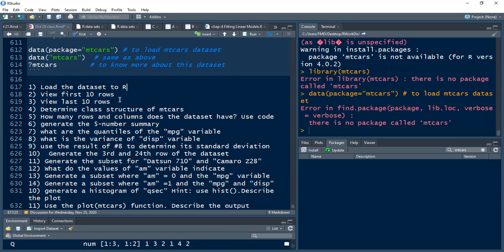So how do you view the first 10 rows? Do you recall the command for this? Remember this, guys, the head. To view the last 10 rows, use the tail function. Determine the class, structure, and how many rows and columns. Then use code to generate the five-number summary.